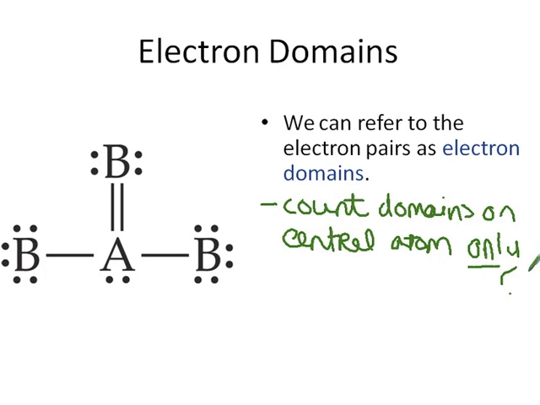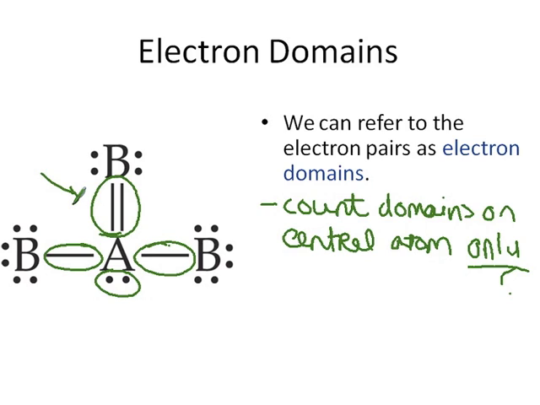Okay? So on this central atom, we've got 1, 2, 3, 4 domains. Now I know what you're thinking. You're thinking, but you said electron pairs. Well, because these are all together, we count them as one domain. Okay?